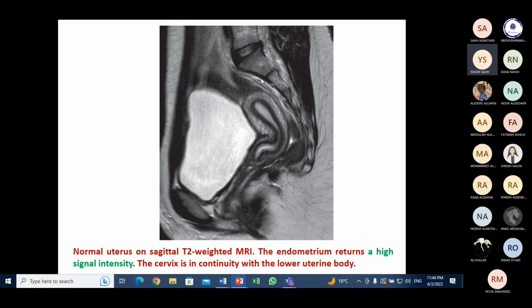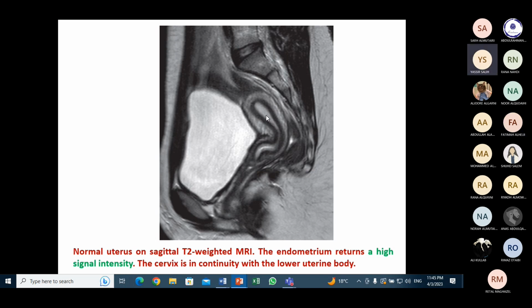So what is the normal appearance of endometrium in T2 MRI? This is endometrium. What is the signal intensity of this endometrium? High signal intensity.